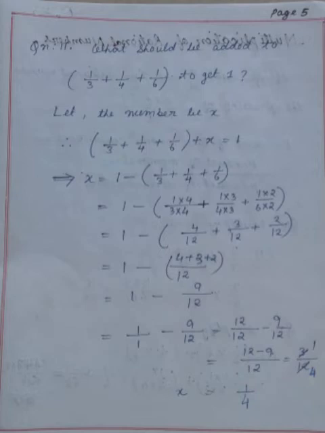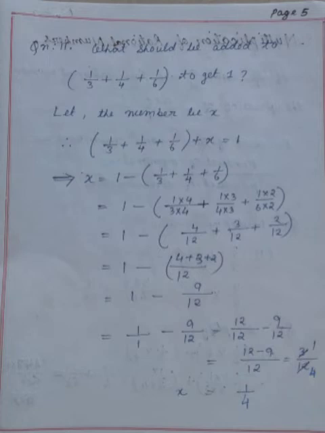So the value of x is equal to 1 minus 9 by 12. The denominator of 1 can be written as 1. Find the LCM of 1 and 12, that is 12.